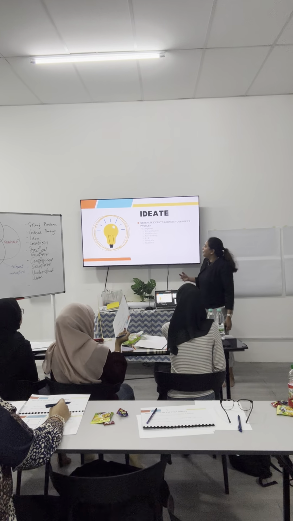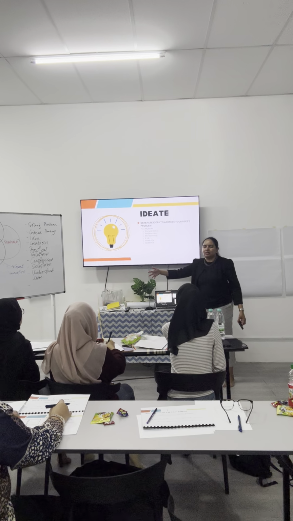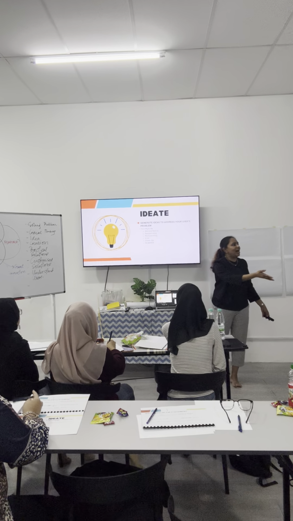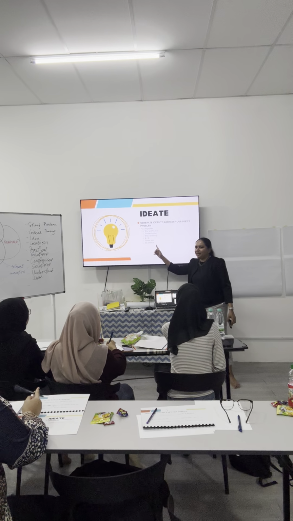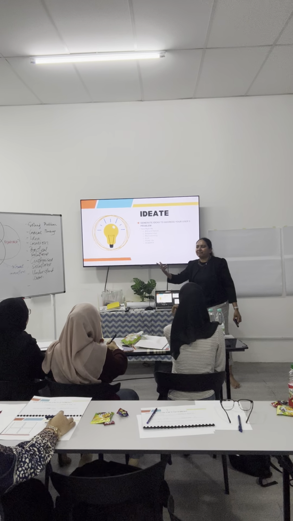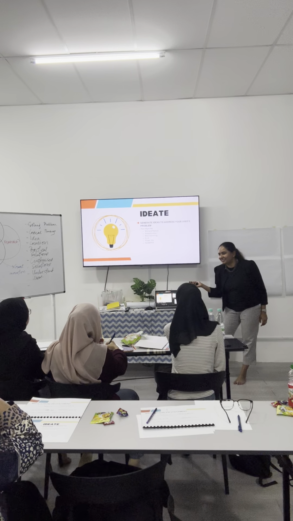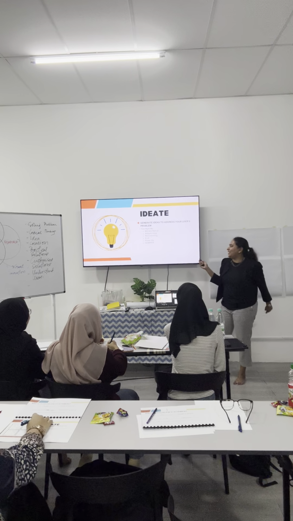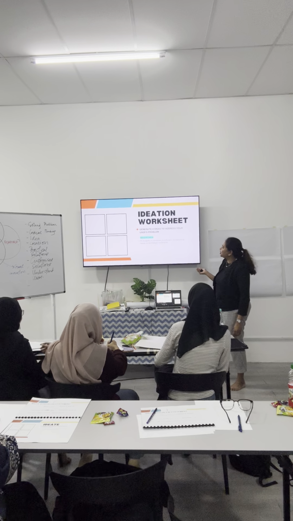Alright, 2 by 2, power of 10 times, which means 10 times better, 10 times stronger, 10 times more dynamic, 10 times faster. Alright, and SCAMPER. SCAMPER is a formula. Alright, I can share with you after this session. Alright, or you can use what? ChatGPT. I like y'all. Alright, now go into your ideation worksheet.